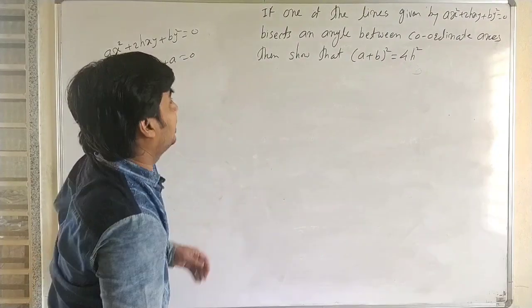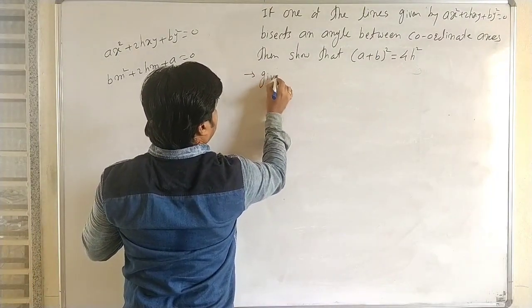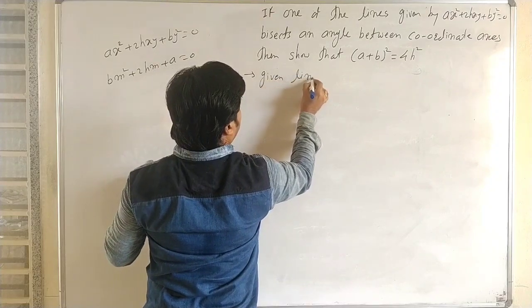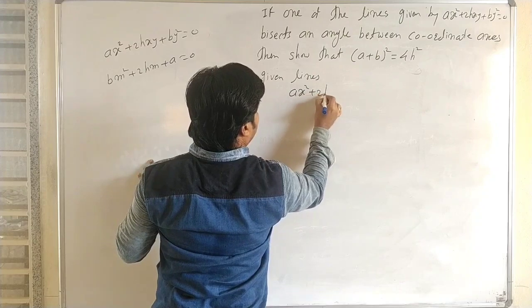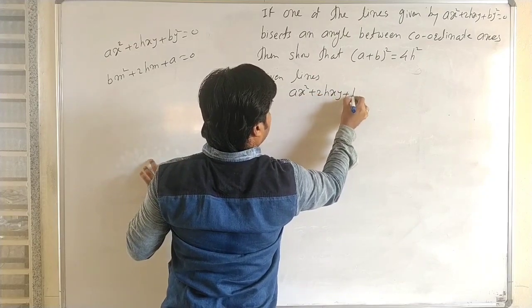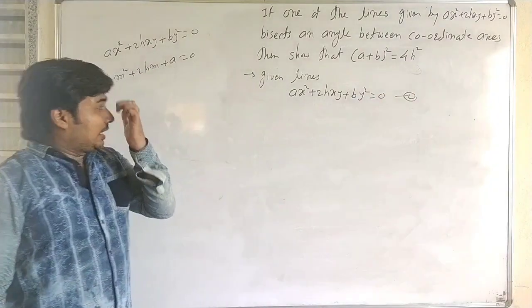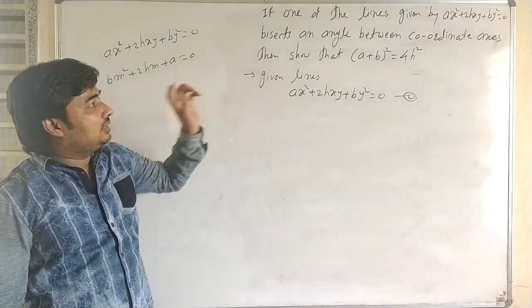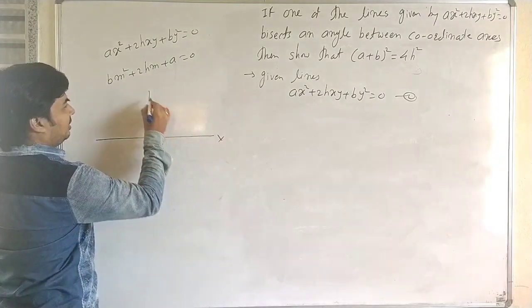Now here the given lines are ax square plus 2hxy plus by square equal to 0. Given that one of the lines bisects the angle between the coordinate axes, here are the coordinate axes x and y.